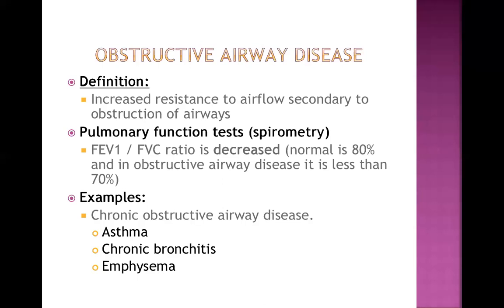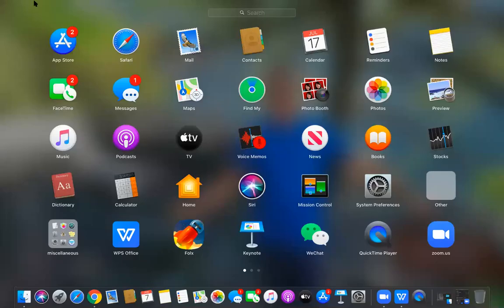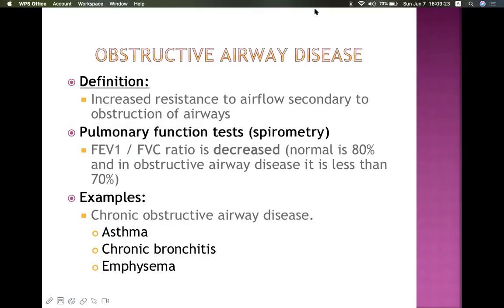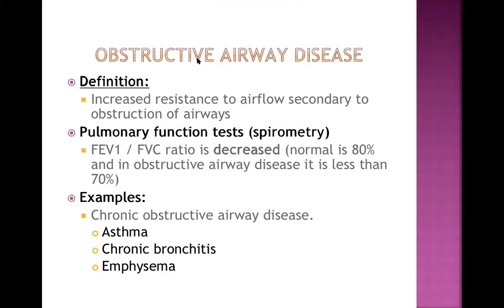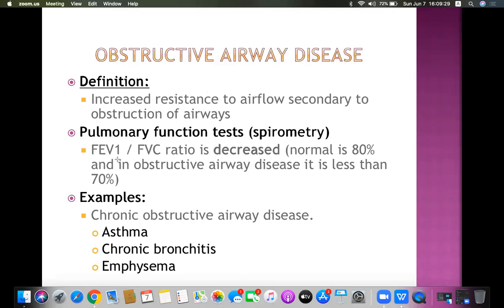Now yesterday we talked about the pulmonary function test, which is known as spirometry. Remember all these terms we discussed yesterday. FEV1, forced expiratory volume in 1 second. See here, this is the forced expiratory volume in 1 second.